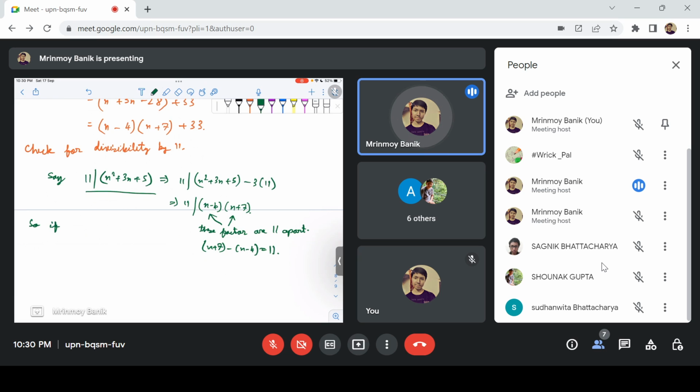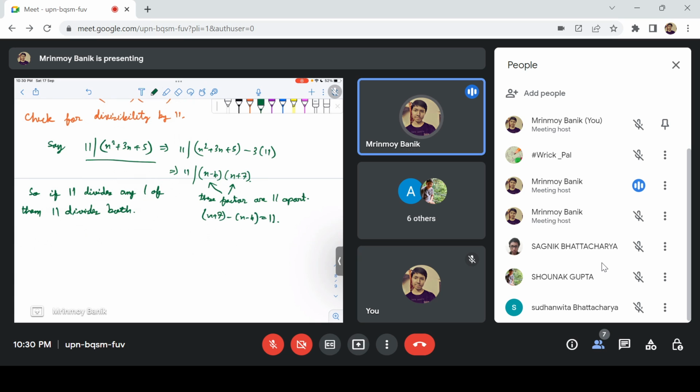So if 11 divides any one of them, 11 divides both.